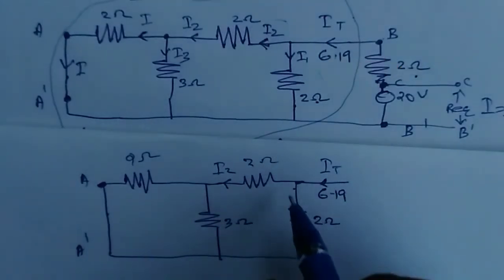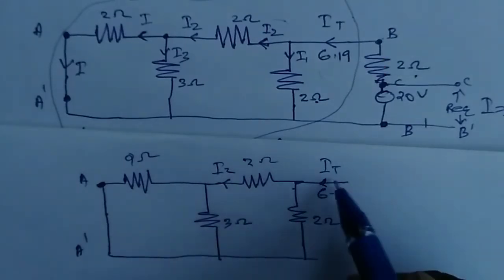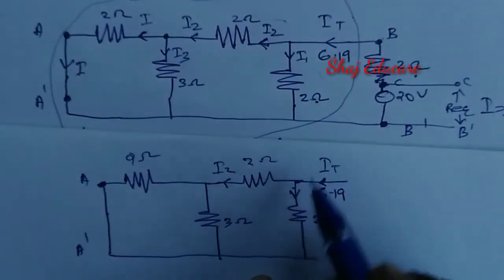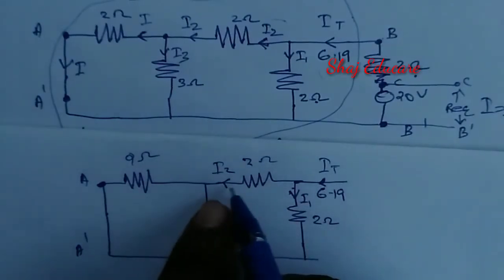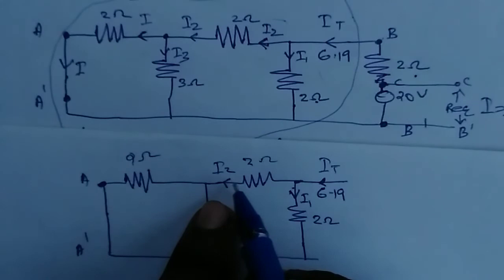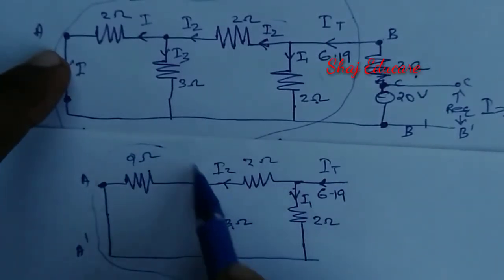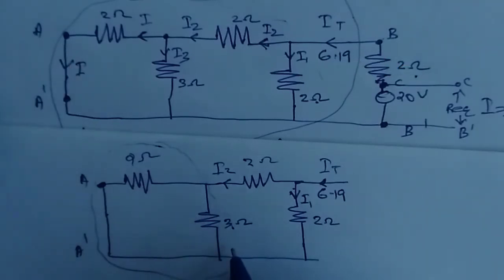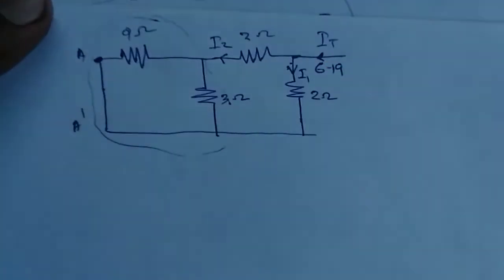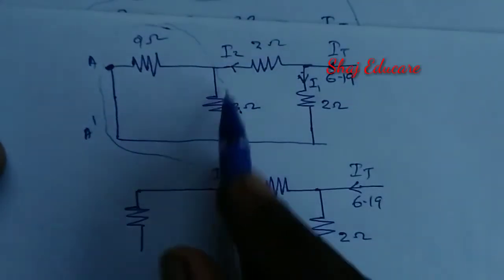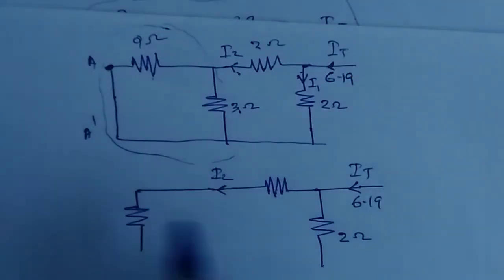For that purpose, we can apply the current division rule. This total current IT is going to split into two components, I1 and I2. So in order to find I2, we have to apply the current division rule. So let us replace the 2 ohm resistance and 3 ohm resistance using its equivalent resistance. Okay, here it is current I2, and these 2 ohm and 3 ohm are parallel to each other.